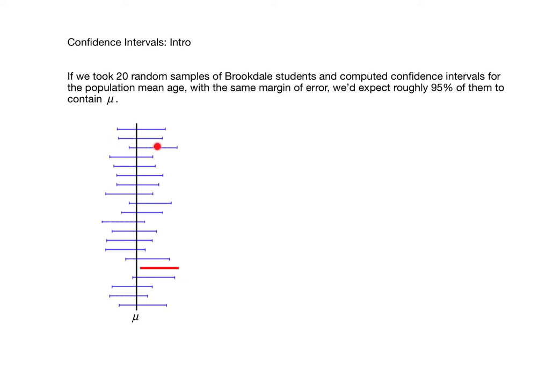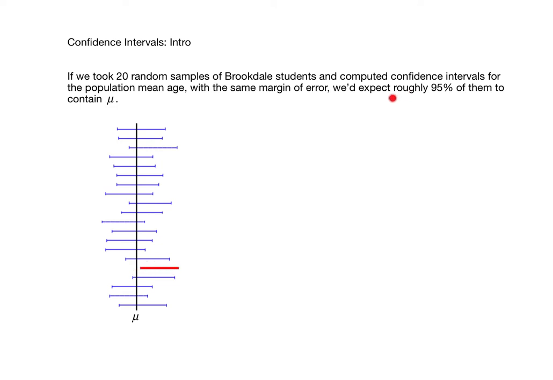Here's another one, here's another one, here's another one, all the way through. So all of these horizontal lines are confidence intervals. Notice that this blue one here contains the mean mu. So does this one. Even though it's closer towards the edge, it's still in there. All the way down, the only one that doesn't have it is this one right here in red.